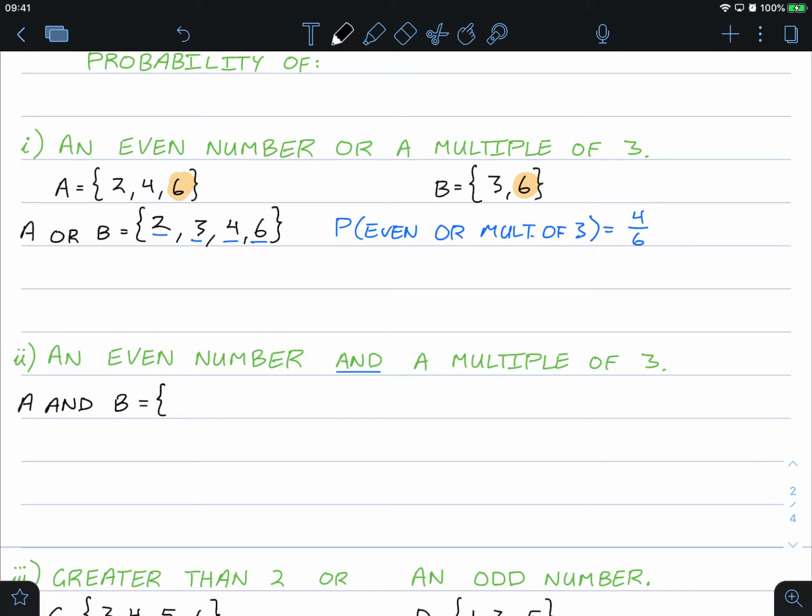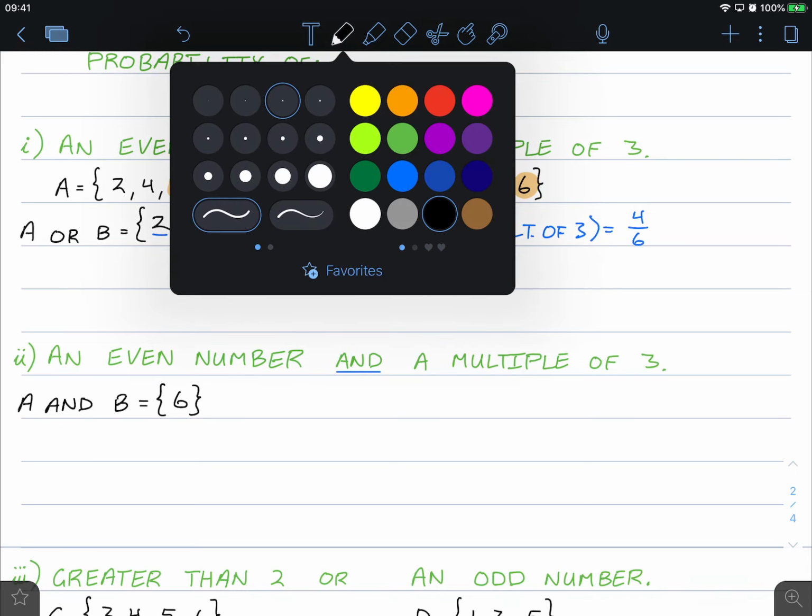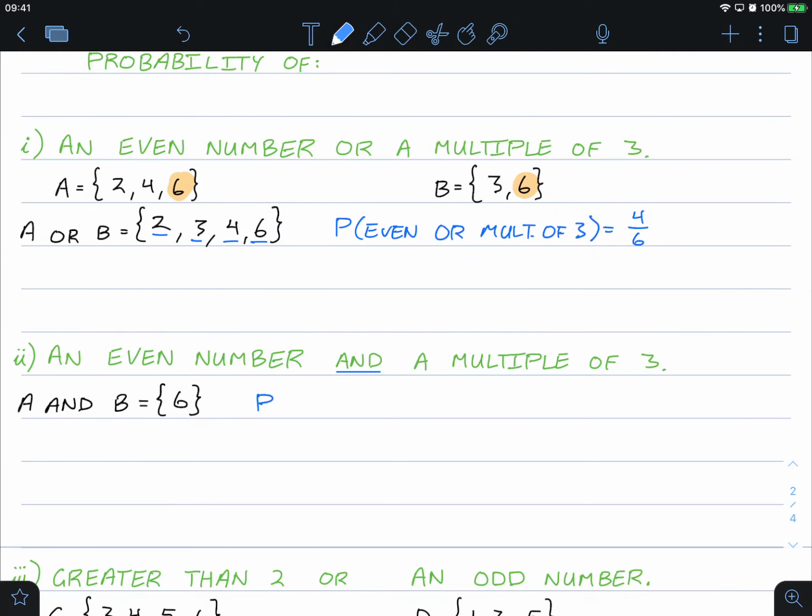So 6 is the only thing that we count because it is common to both event A and event B. So, simplifying the notation, the probability of A and B: there's only one object in the group A and B, so we say it's 1 out of 6.